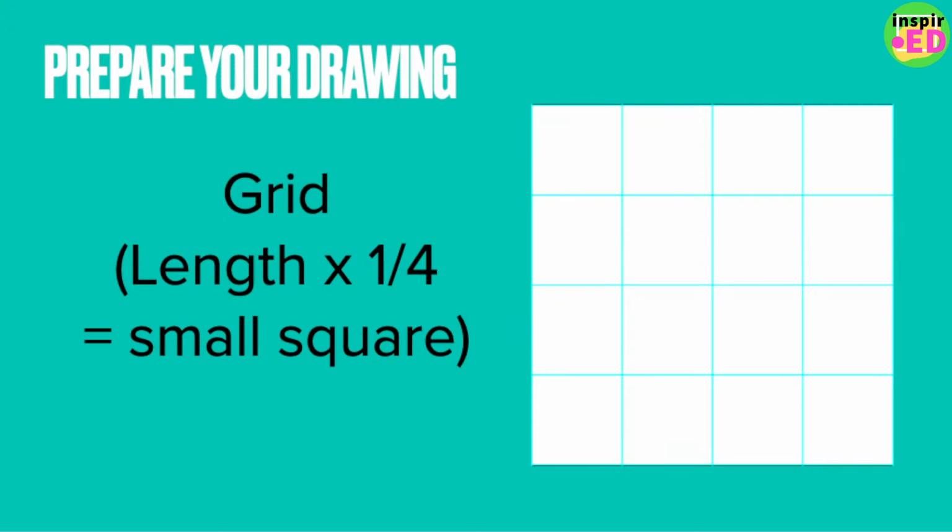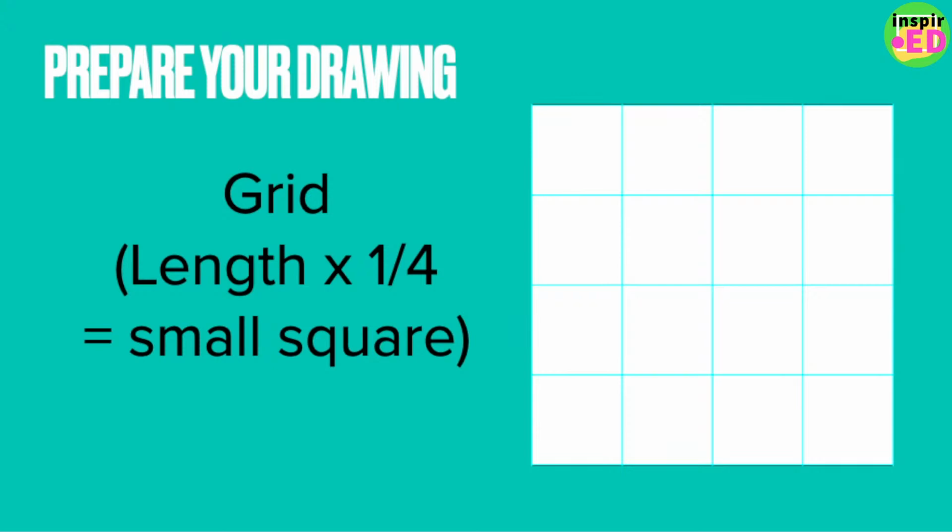And in this case, how I did it was the length of both height and width divided by 4, because you see that there are 4 columns and rows in each section to make 16 squares. So you need to divide the length of height and width by 4 to create those squares.